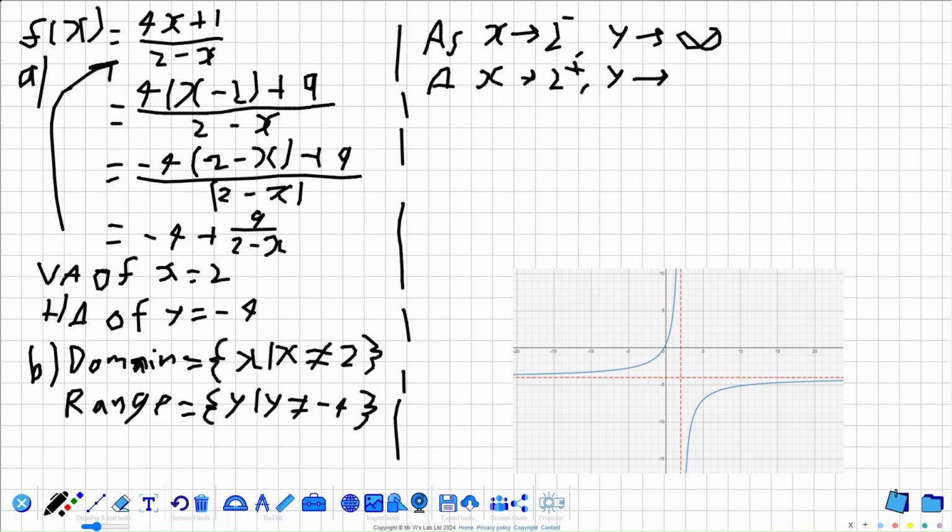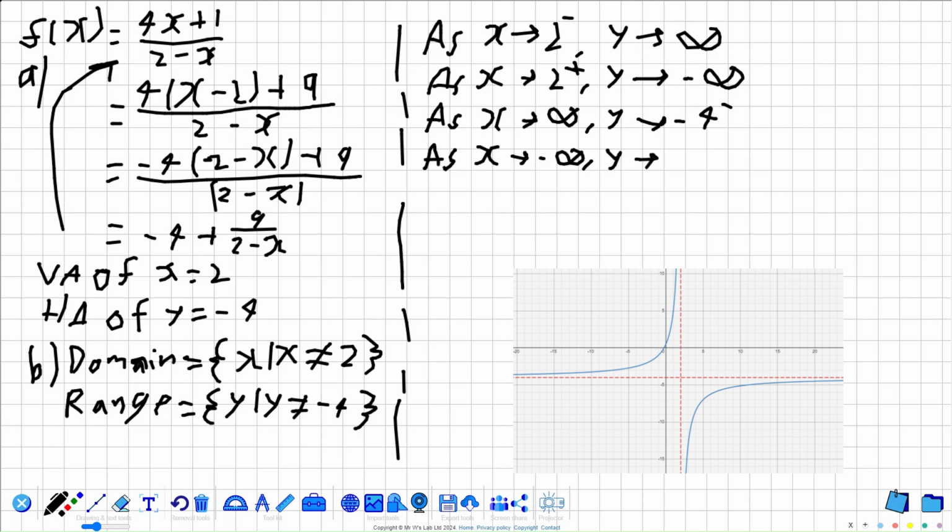As x approaches infinity, y will approach -4 from the negative side, and as x approaches negative infinity, y will approach -4 from the positive side.